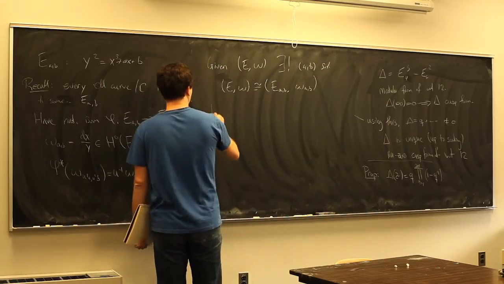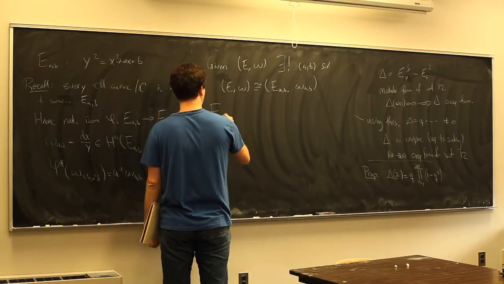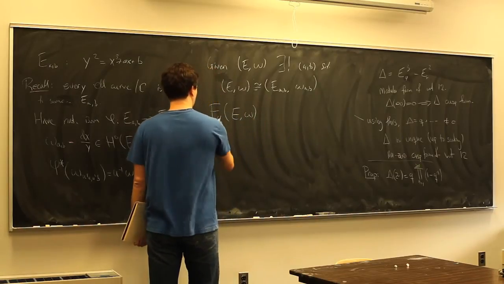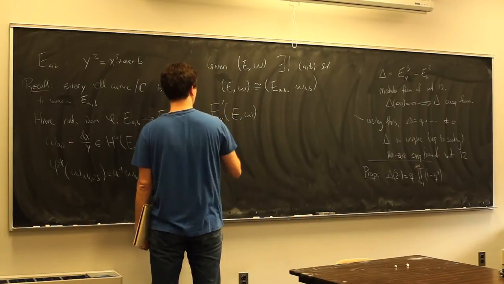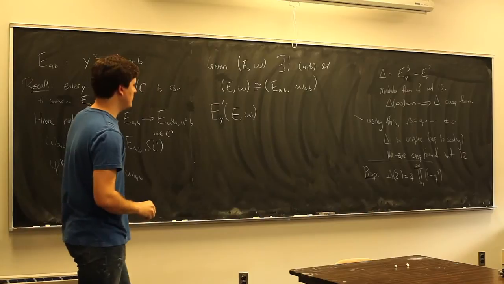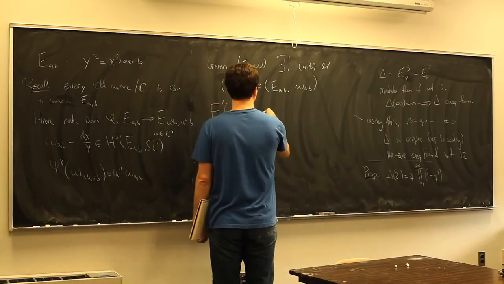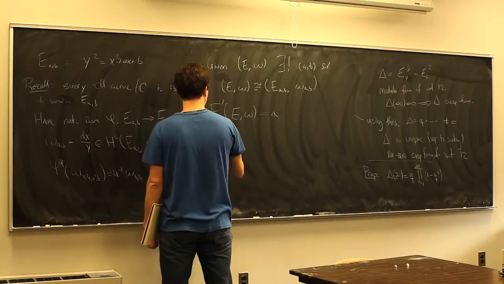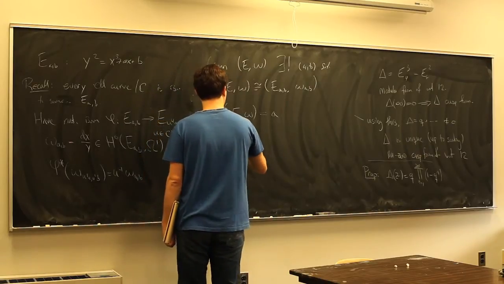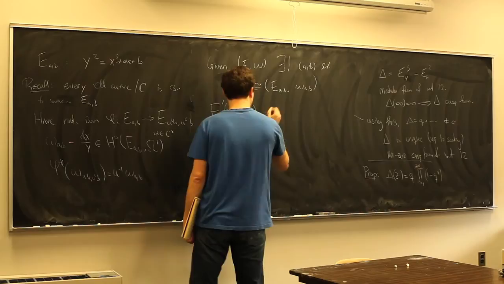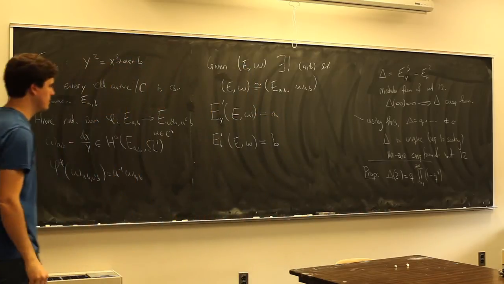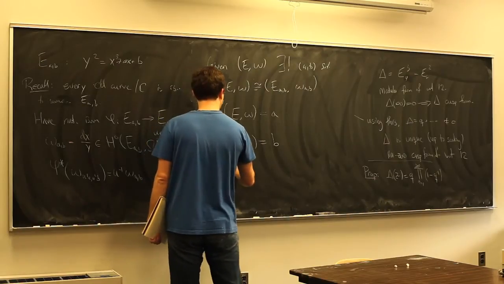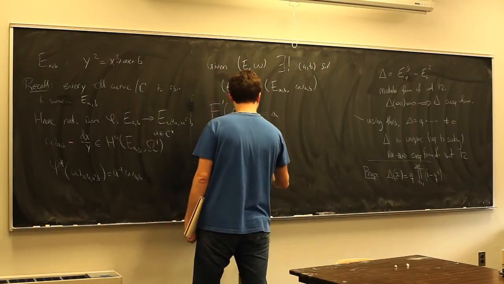And so I can define a function on pairs (E, omega). I'll call it E4 prime. So E4 prime takes this pair (E, omega) to A, this A here. And E6 prime is going to take it to B. And I can define delta prime of (E, omega) to be the discriminant of E_AB.